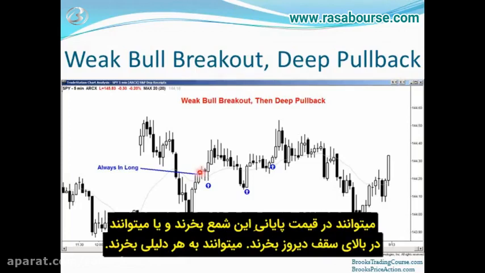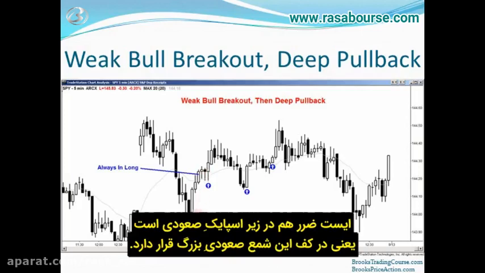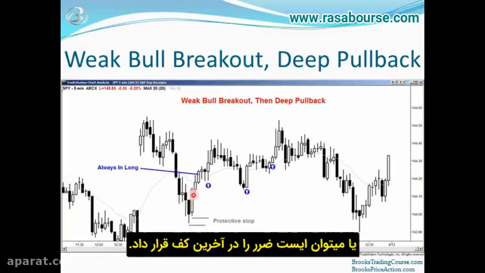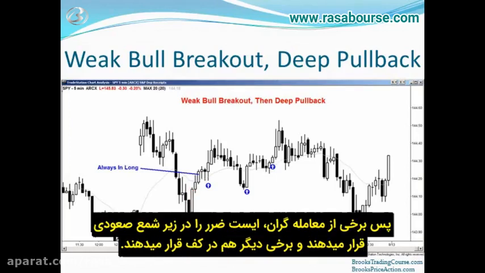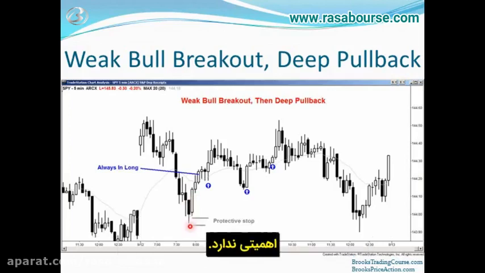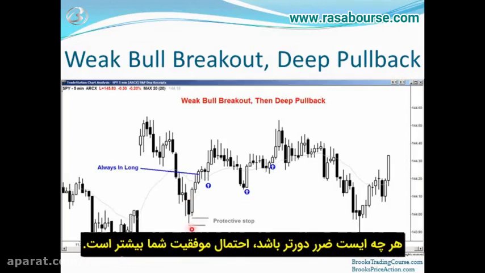They can buy this close, they can buy above the high of the prior bar, they can buy for any reason, but their stop is below the bottom of the bull spike, which would be the bottom of this big bull bar, or possibly the low, right? So some traders will say it goes below the bull bar, others will put it here. It doesn't matter. The further the stop is, the more likely you'll be successful.